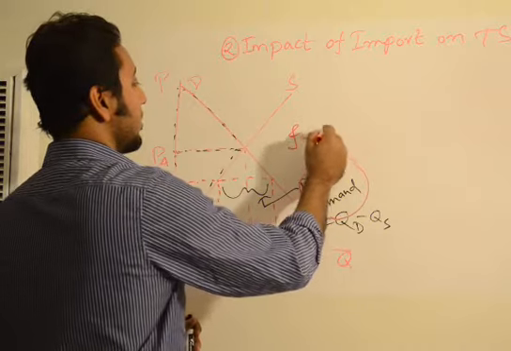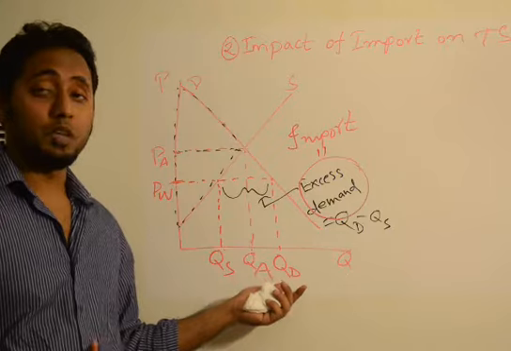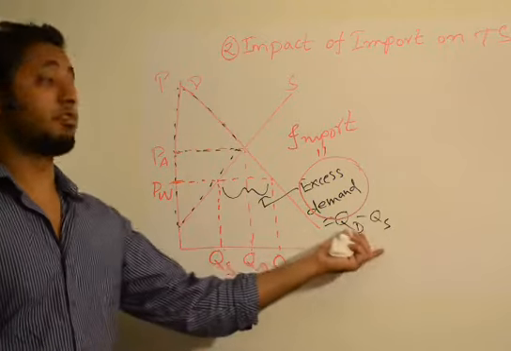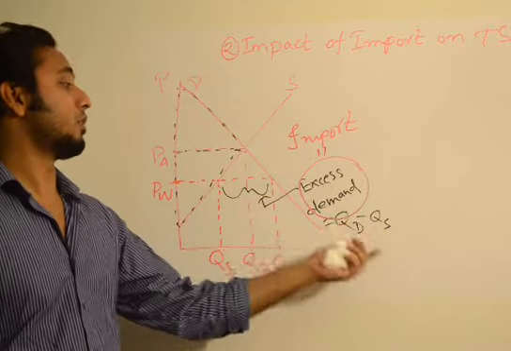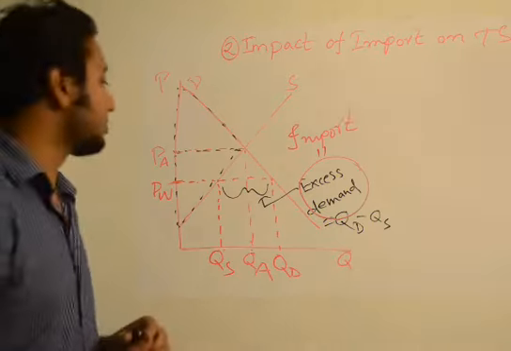So this is what you are actually importing. So in the exam, if you know the quantity demanded and you also know the quantity supplied, you take the difference between them, and that is what you're actually importing. That's the total quantity of imports.